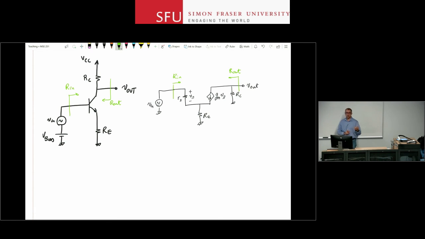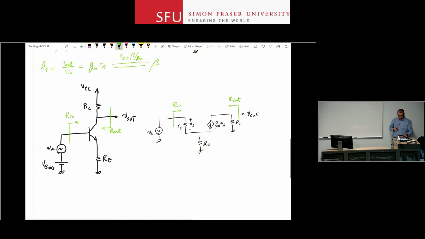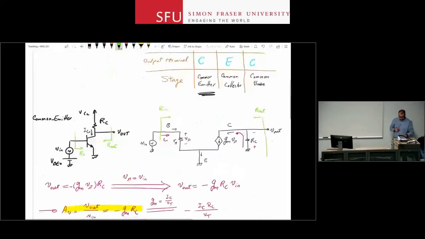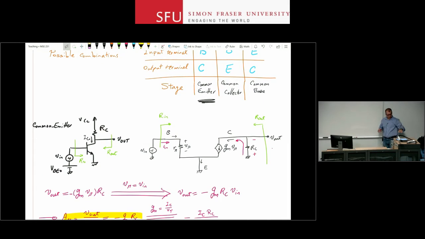Looks like the previous one. The only difference is that RE has removed the emitter from ground, right? So now there is a little bit of a connection between the base and emitter. In the previous circuit, with the emitter being grounded, your input circuit was entirely separated from your output circuit.